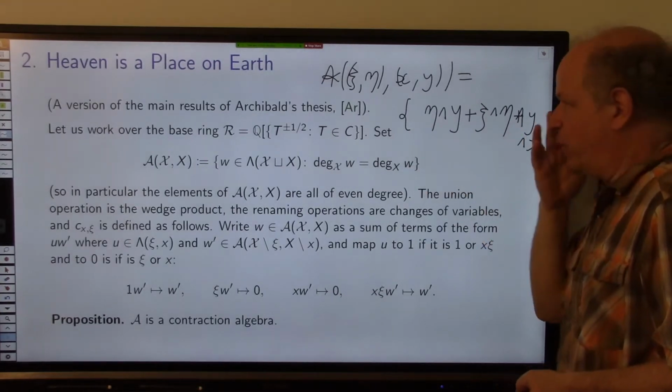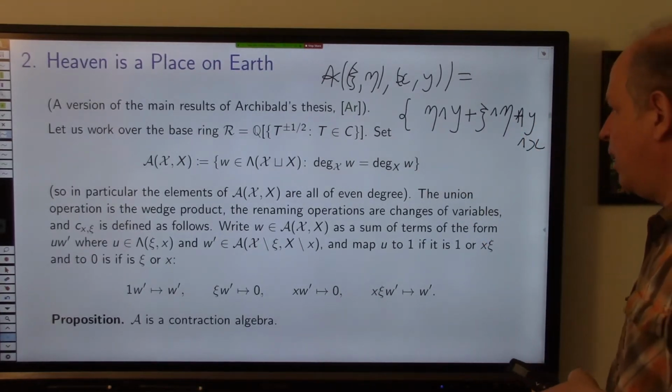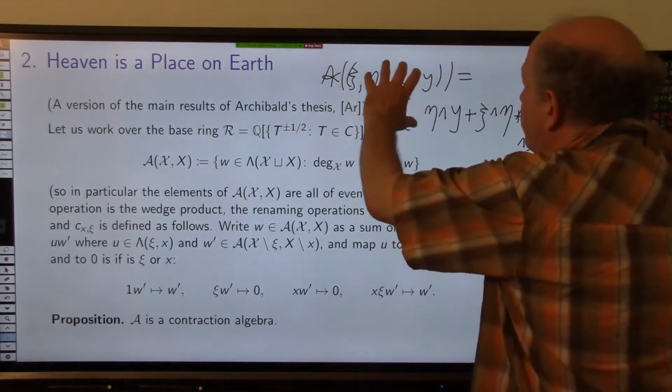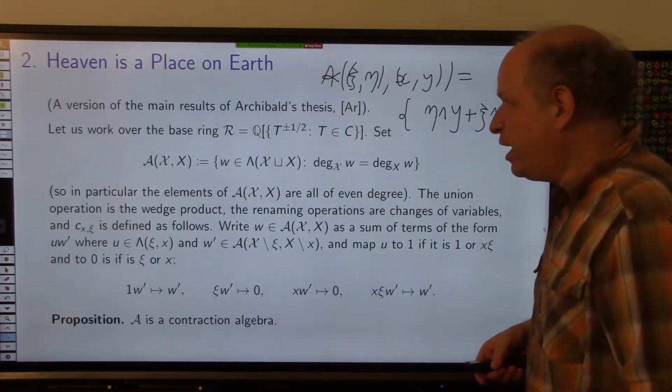Okay, so wedge product. And then the union operation is wedge product, so basically you multiply two things in the standard way.